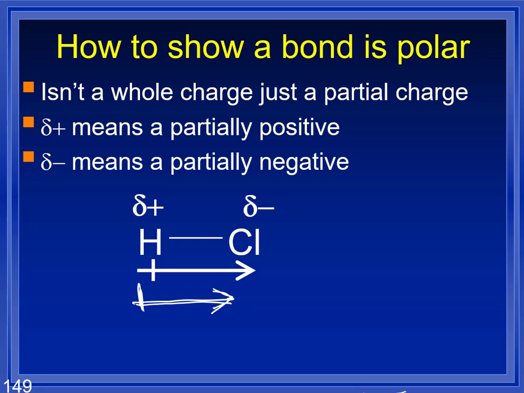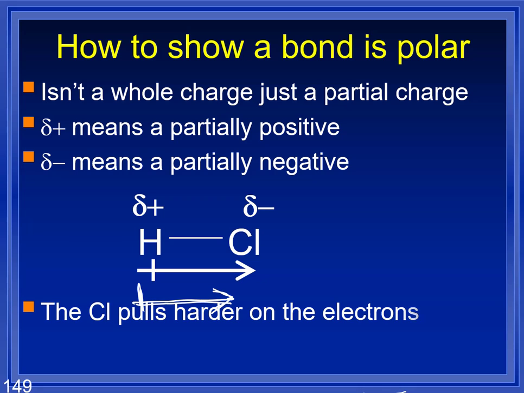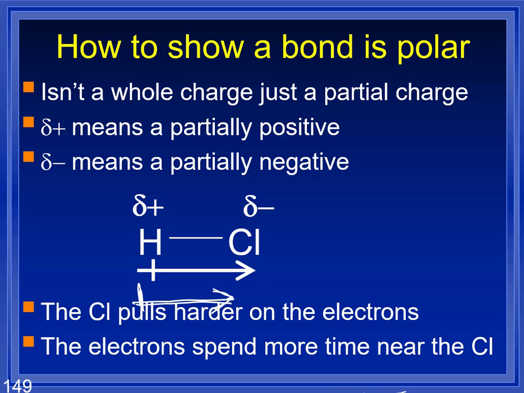Make sense? So there are two ways of showing the same thing. You can either label it with delta plus and delta minus, or you can use the arrow with the plus sign on one end. So we know that Cl pulls harder on the electrons, or we can say the electrons spend more time near the Cl. Everyone will look at it, and Cl is going to have more electron density.